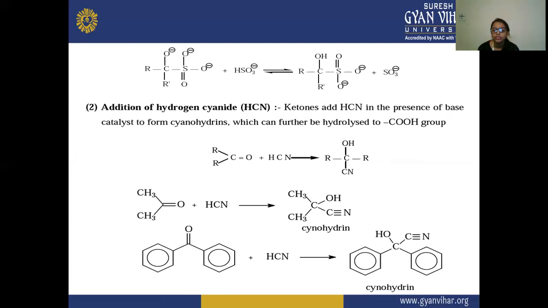So there is a formation of this cyanohydrin product. The next is the benzophenone, and it is reacting with this. This is the aromatic compound, which is reacting with HCN, and a cyanohydrin product is formed here.